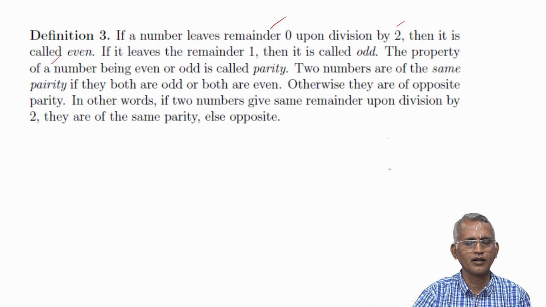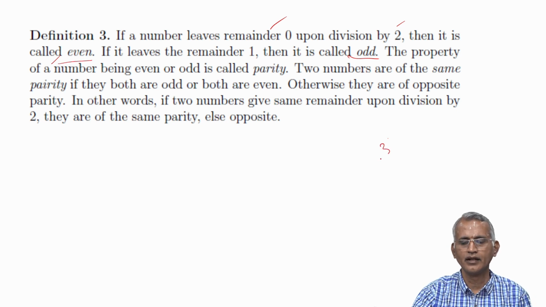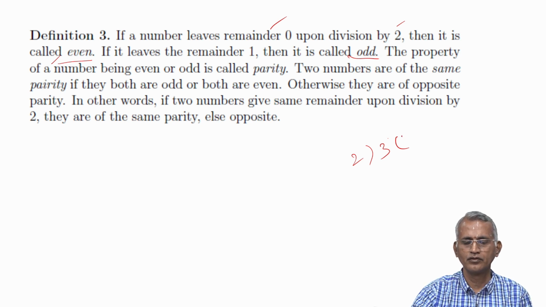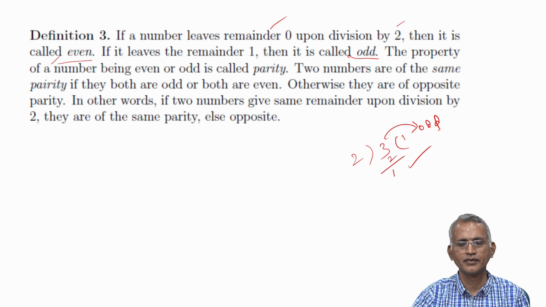If it leaves the remainder 1, then it is called odd. I hope you understand the definition of even and odd. Suppose you divide 3 by 2, 1 times 2, the remainder is 1, therefore 3 is odd. Like that we can define even numbers and odd numbers.